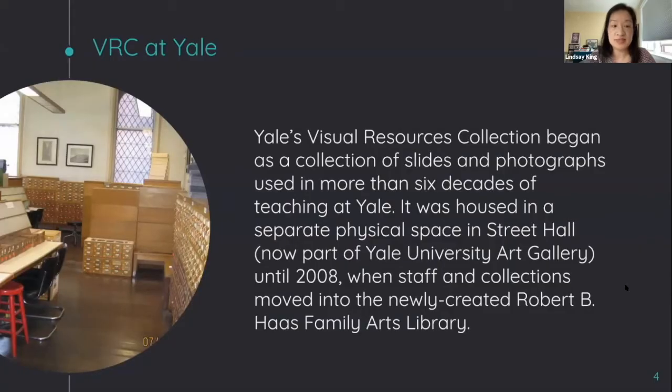So the history of this collection mirrors the development of many visual resources collections in the 20th century, going from analog to digital and from small operations within art history departments to image-related questions across campus and outside the university. Slides and photographs were originally housed in a building that's now part of the Yale University Art Gallery, pictured here, and in 2008, staff and collections moved into the newly renovated Haas Arts Library, the former Art and Architecture Library.